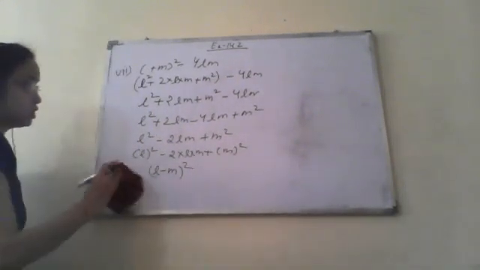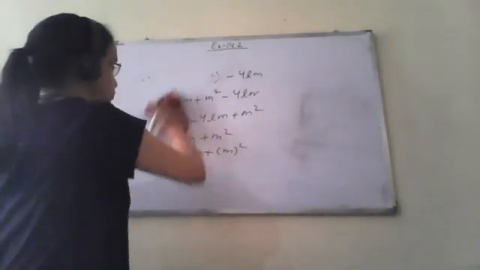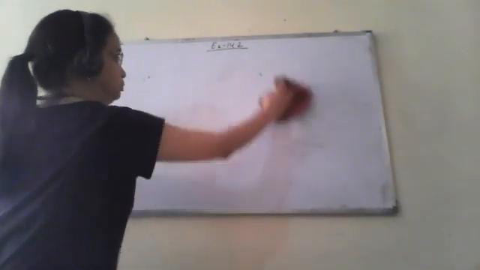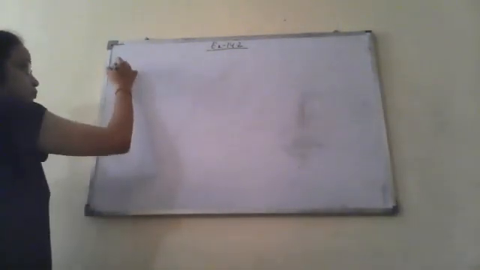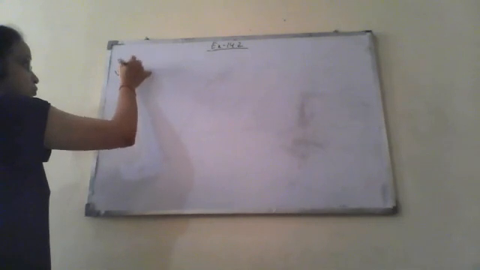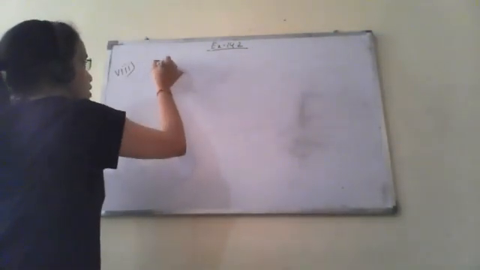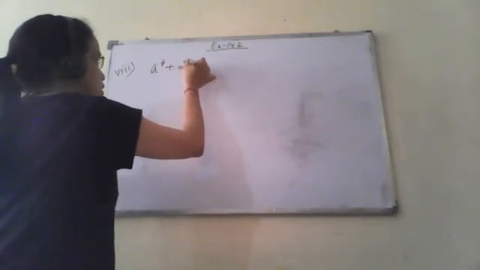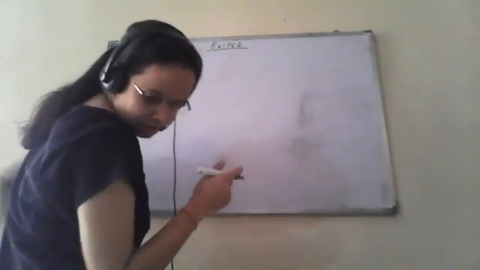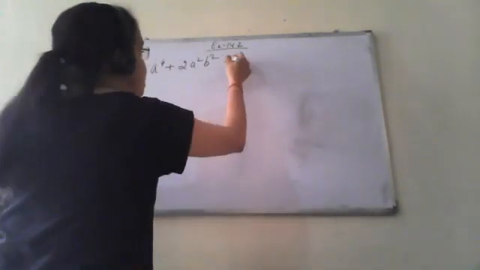Now last part of this question, 8th part. This is a raised to power 4, plus 2a square b square, plus b raised to power 4.